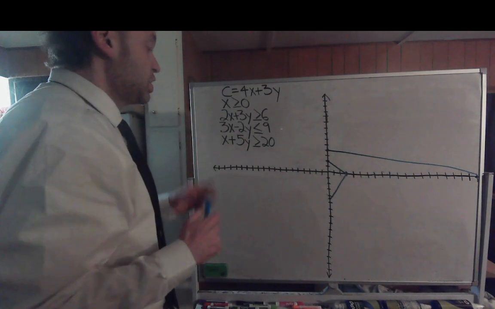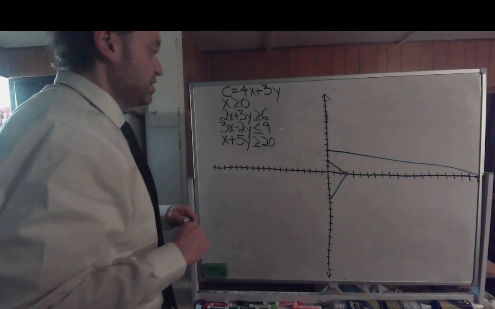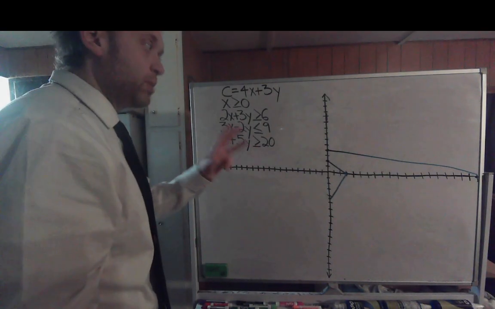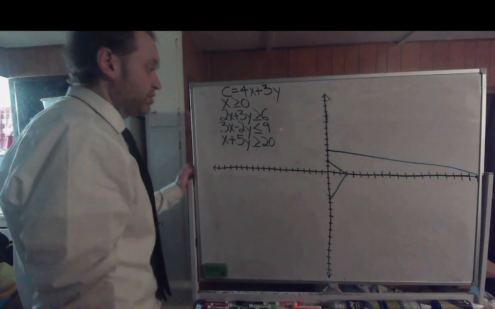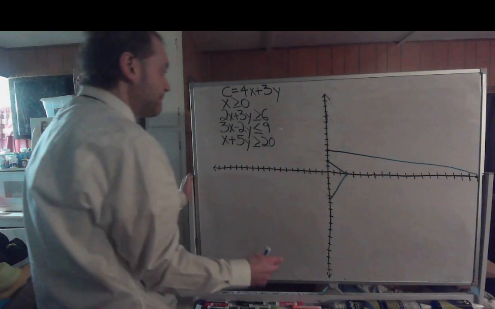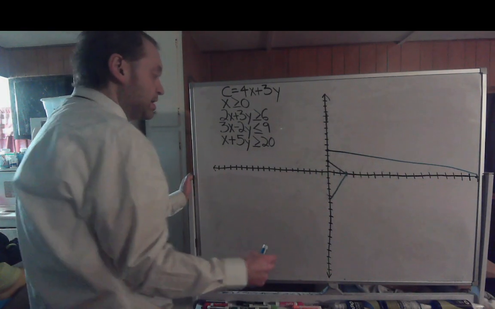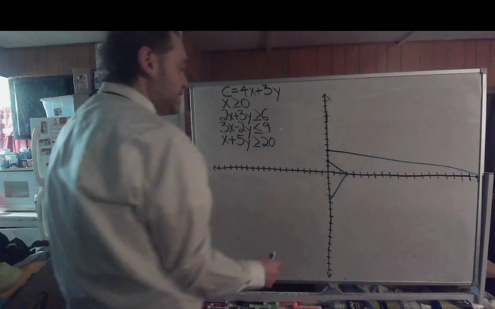All right, so we need to figure this out here. X is greater than or equal to 0, we have a good grip on. 2x plus 3y is greater than or equal to 6. That's going to be everything above here. It'll be everything above here.